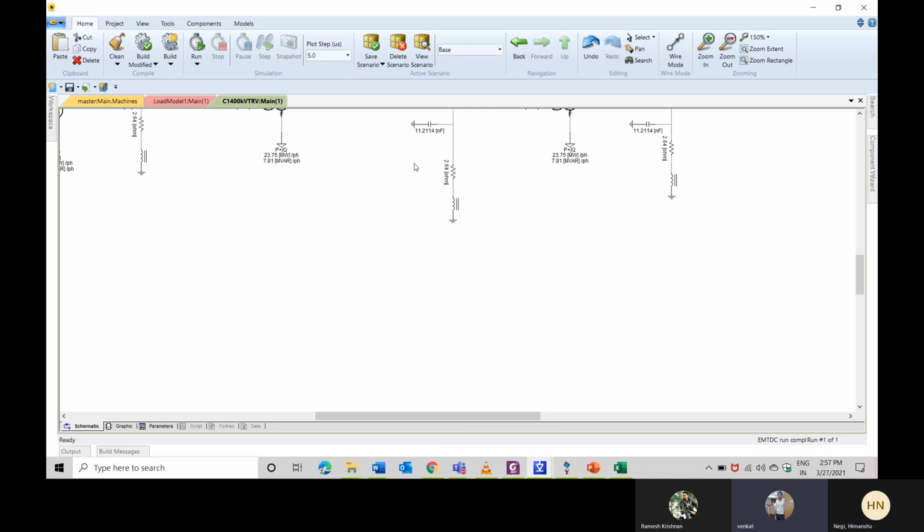I'm just giving you information on all the data we have to collect from the customer for modeling the reactor.